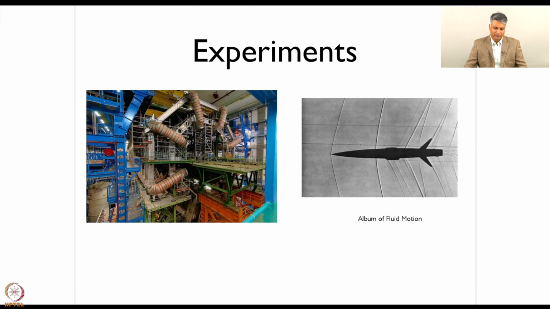On the left side, you have the setup of the Large Hadron Collider. The Large Hadron Collider is a large particle accelerator which is based in Switzerland and France at the CERN laboratory. And one of the primary goals of this very large experiment was to find out the existence of the Higgs boson, which was hypothesized a few decades ago.